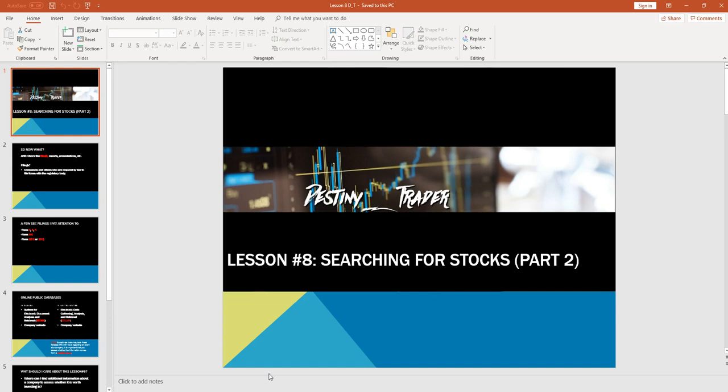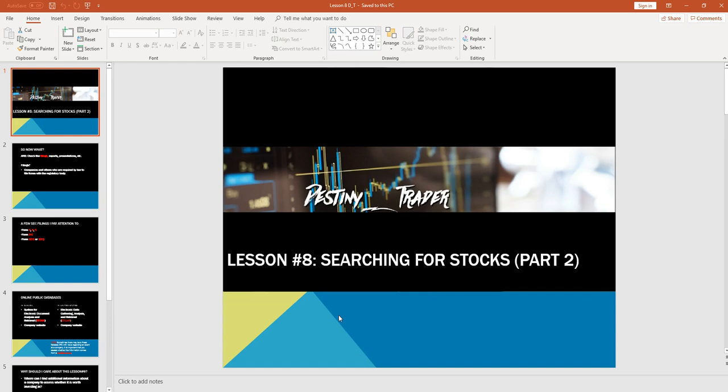Last week, we spoke about FinViz and how to screen for stocks. Now we can go into sort of a secondary level of screening here. You could kind of think of this process as the secondary security screening selection at an airport.